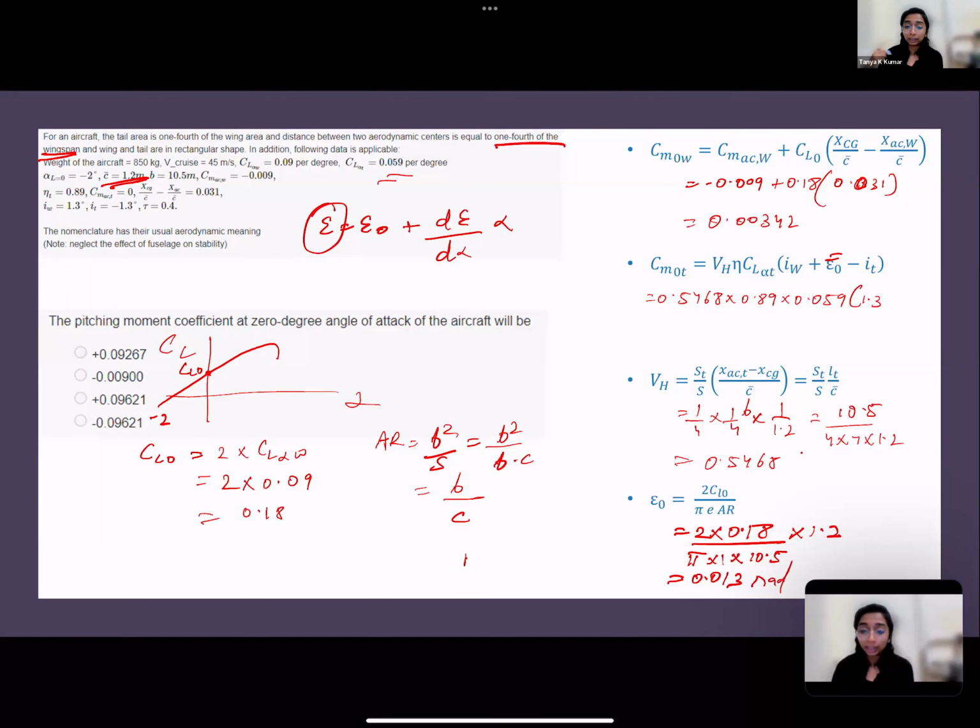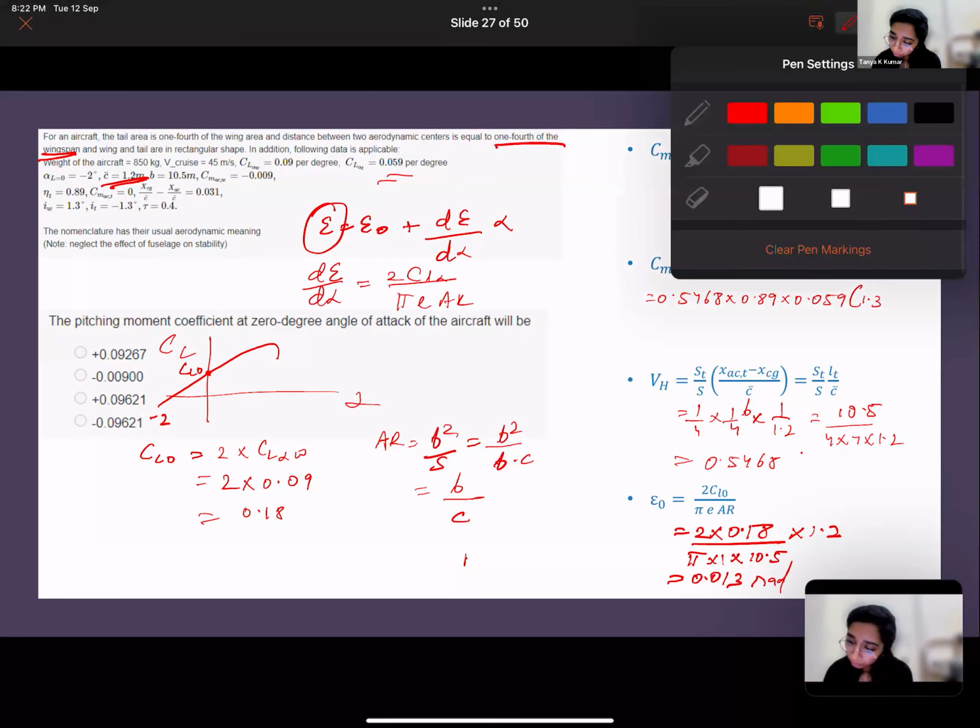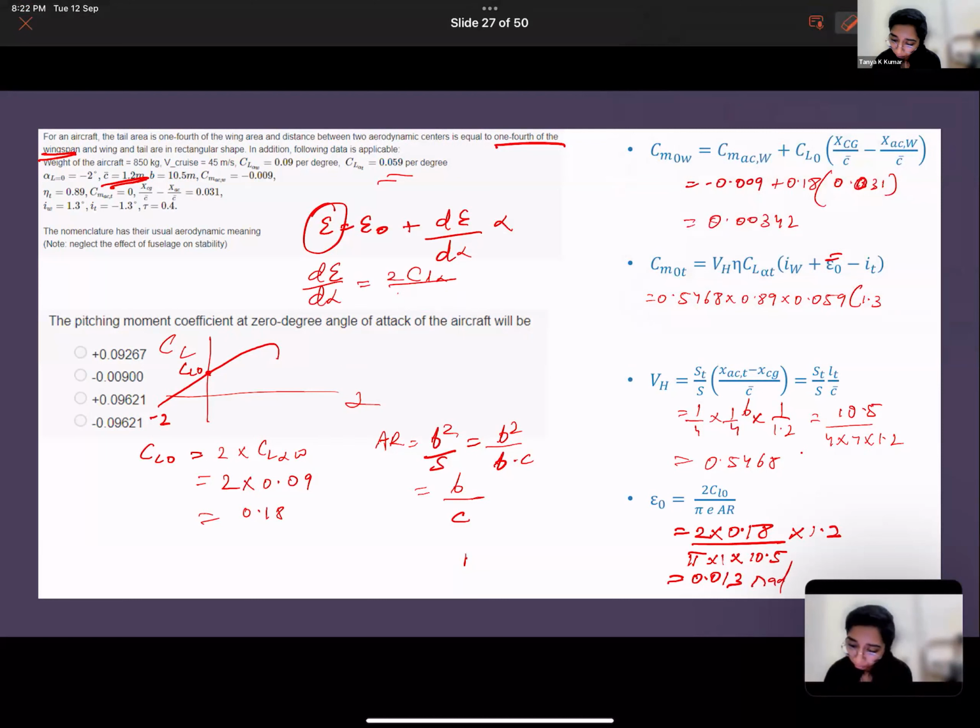This formula, and please remember the other formula, d epsilon by d alpha is 2 CL alpha by pi E AR. It was not this, okay, just a minute. It was CL alpha by 1 plus CL alpha into pi EAR.